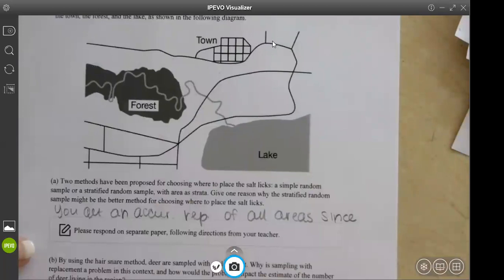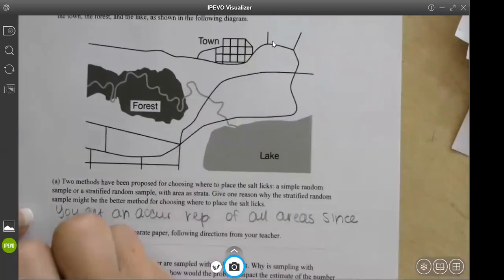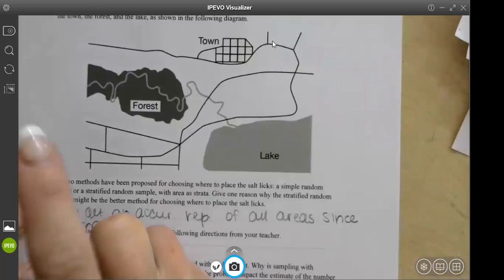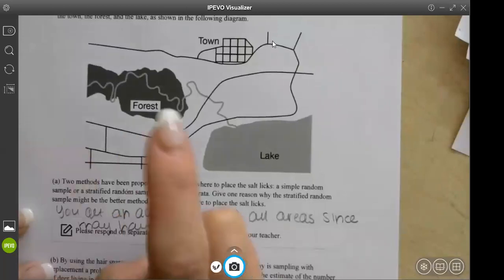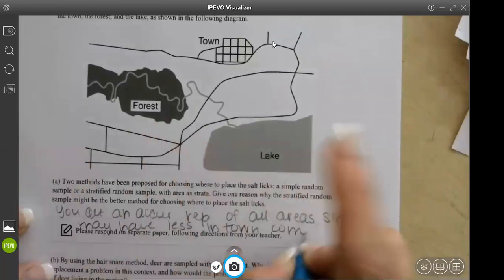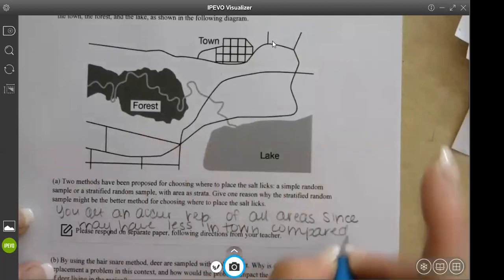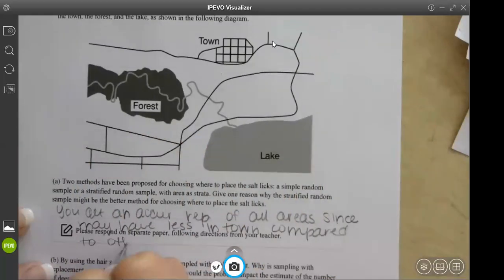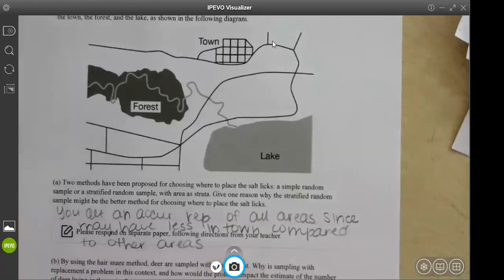Well, let's think about your 3 areas. They're not going to be in the town that much. Since there may be fewer in town compared to other areas. And that could be anything. There may be more in the forest hiding out, or more at the lake because they're drinking water. So we want a stratified sample to make sure it's more like the overall population. We want some from every area.